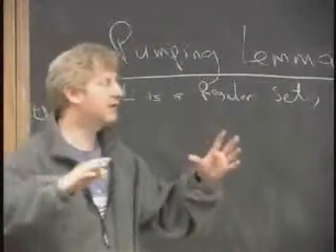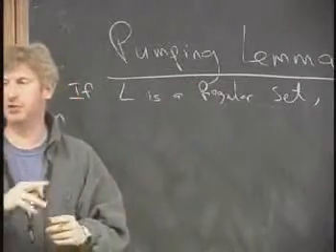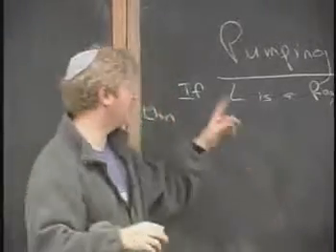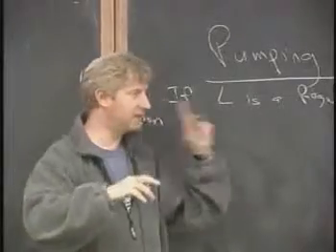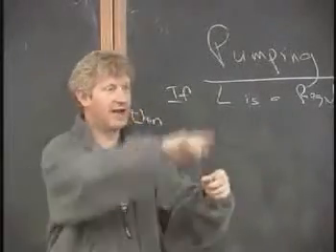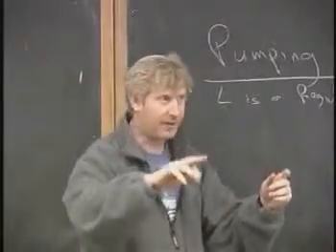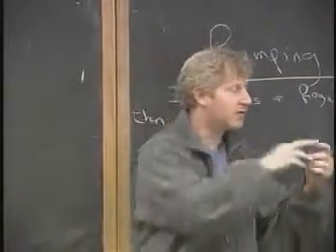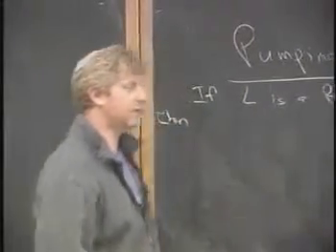If L is a regular set, then if you have a string in L that's supposed to be accepted by this machine that's long enough, meaning longer than the number of states in the machine that accepts it, so that it has to loop, then there exists that loop, and if you pump up symbols in that loop, the resulting pumped up strings also have to get accepted. That's basically what it says. But writing it down rigorously is going to be ugly. There's no nice way to write this.